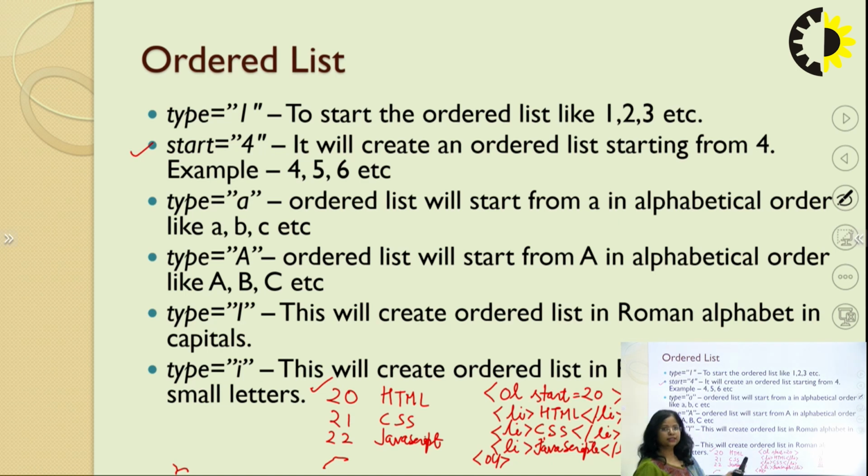In this way we can represent the elements if they start from some specific number. So the start attribute is used.